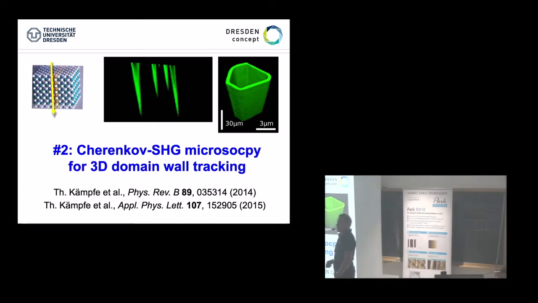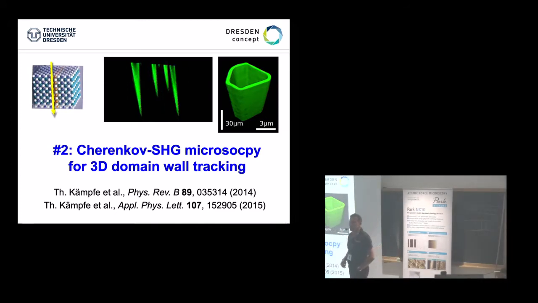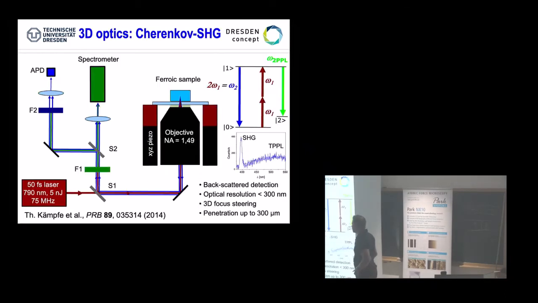At that point we had to develop a new technique in order to see inside, because we didn't want to go for TEM and cut open our crystals by focused ion beam. So we decided to go for Cherenkov second harmonic generation, thanks to the guys who already introduced optics here. We take a femtosecond laser and produce the second overtone.